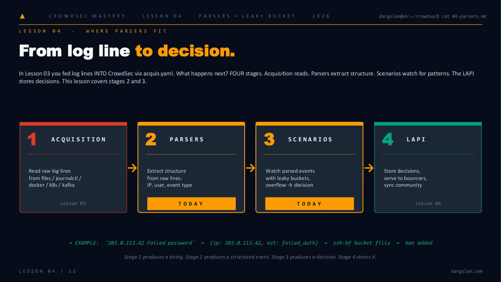Then parsers extract structure, turning a string like 203.0.113.42 failed password into a structured event with an IP, a user, and an event type. Scenarios watch those events through leaky buckets and emit decisions when a bucket overflows, and finally the LAPI stores those decisions and serves them to bouncers. That's Lesson 06. Today we live entirely in stages 2 and 3.